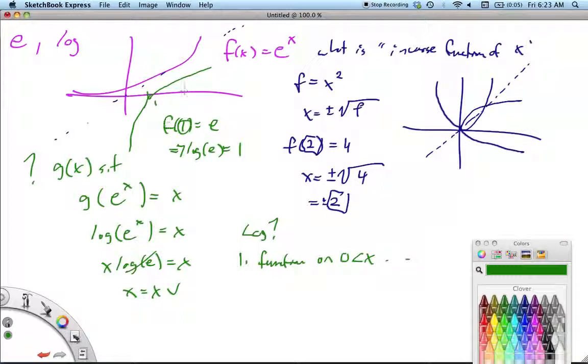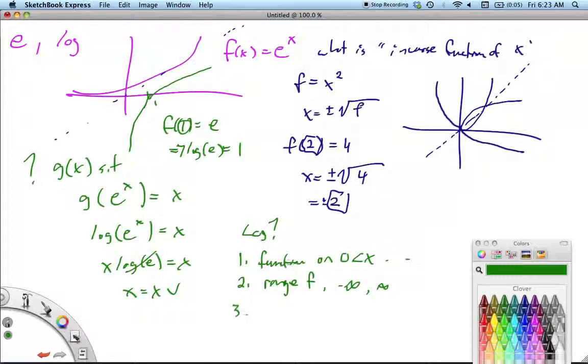And we know the range of f is negative infinity to infinity.